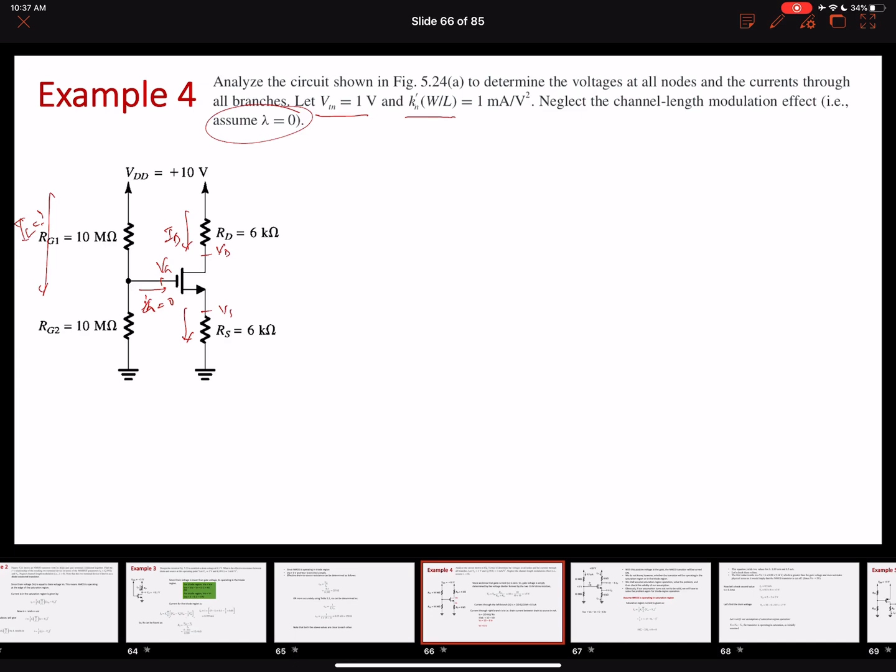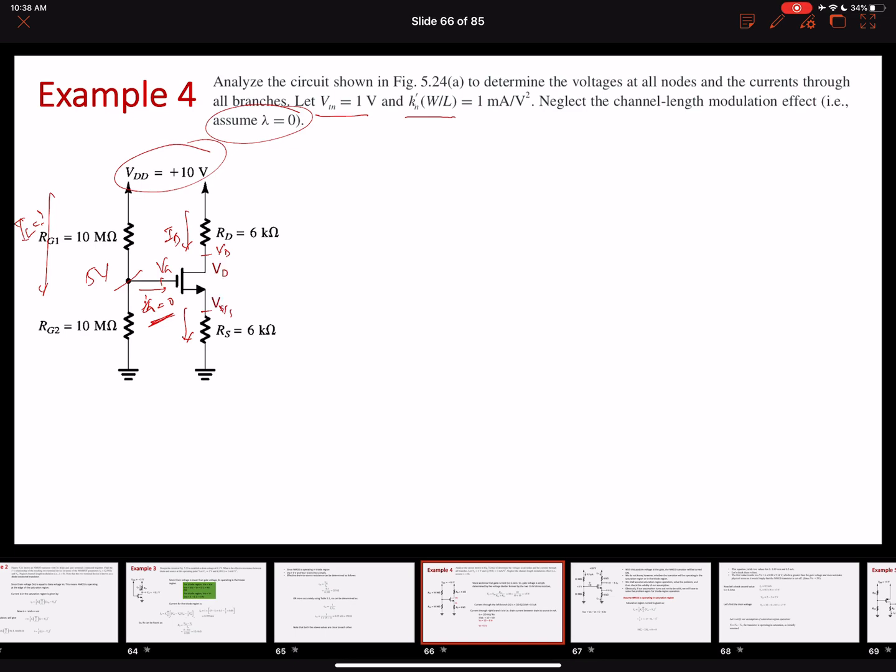Let's look at this example in more detail, starting with the left side. On the left side, we have a 10 volt biasing voltage. Since the gate current is 0, it's a simple voltage divider circuit, right? The voltage will be divided equally, and we get just 5 volts here.